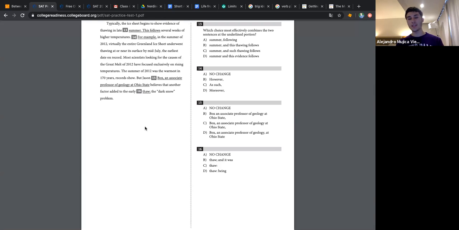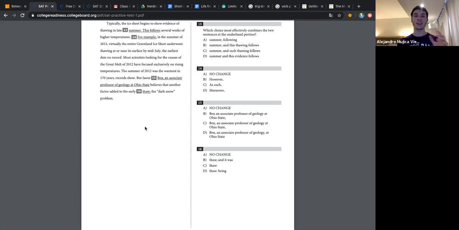Then C, we have thaw, colon, the dark snow problem. And then in D, thaw, semicolon, being the dark snow problem. So D doesn't work because whatever follows a semicolon or a colon has to be an independent clause, and adding the word being makes it dependent.